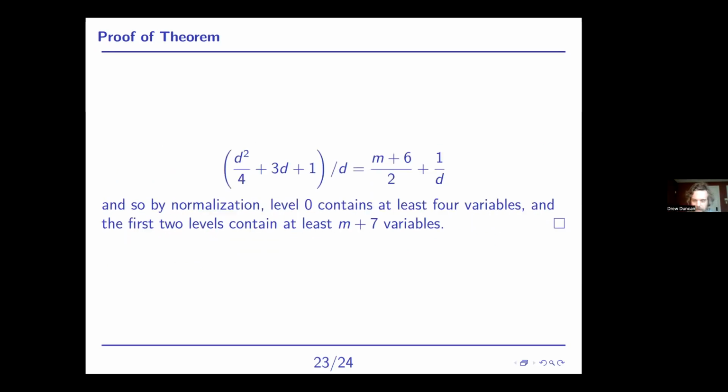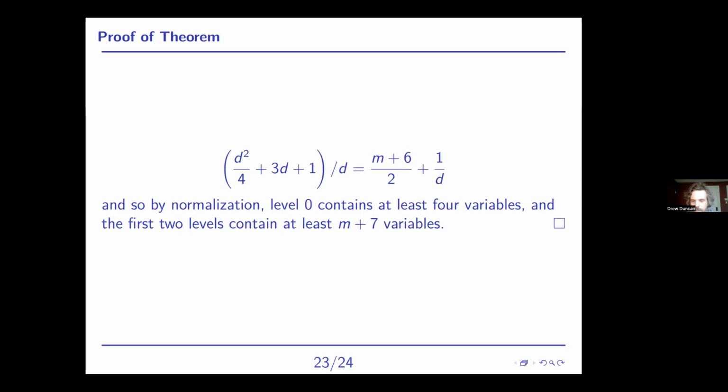But in our final piece of reasoning here, we'll take the number of variables that we assume that we have, divide by d, and that will give us the number of variables we can assume to be in level 0. And so because m is at least 3, we know that level 0 contains at least 4 variables. In fact, we know it contains more than that.